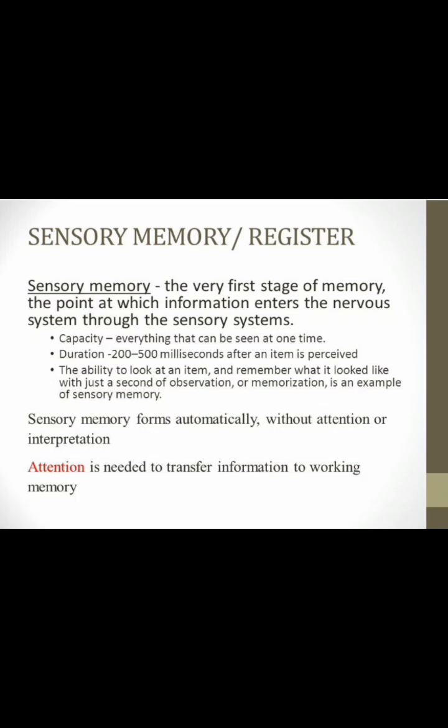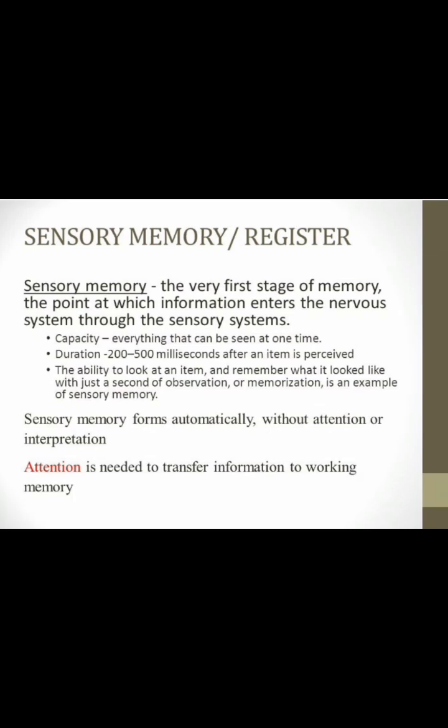The ability to look at an item and remember what it looked like with just a second of observation is an example of sensory memory. Sensory memory forms automatically without attention or interpretation. Attention is needed to transfer information to working memory. So this is the sensory memory process and definition.